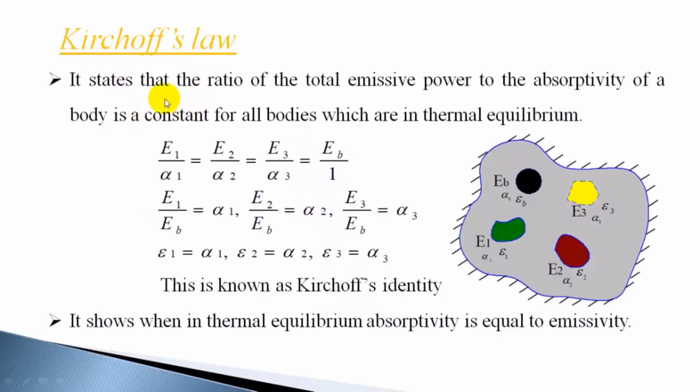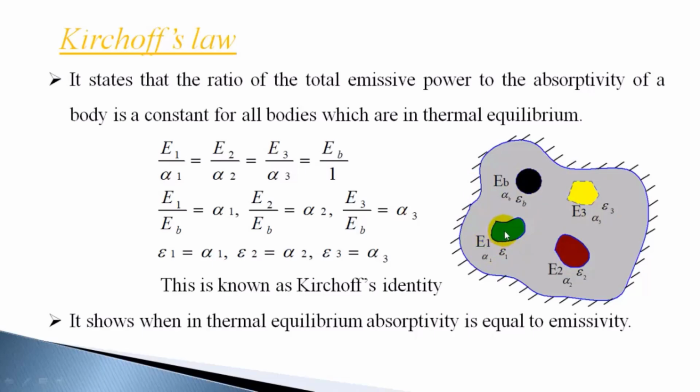Kirchhoff's law. It states that the ratio of total emissive power to the absorptivity of a body is a constant for all bodies which are in thermal equilibrium. Now consider 4 different surfaces which are in thermal equilibrium. Thermal equilibrium means there is no net heat flow into the bodies. So these 4 bodies are in thermal equilibrium with their surroundings.